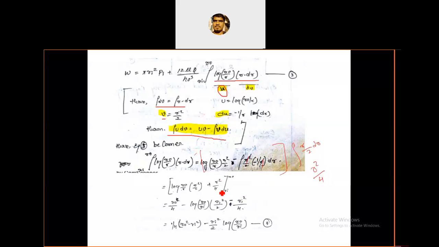Now apply the limits ri to r. Same thing, if you substitute r naught, the whole term gets cancelled.